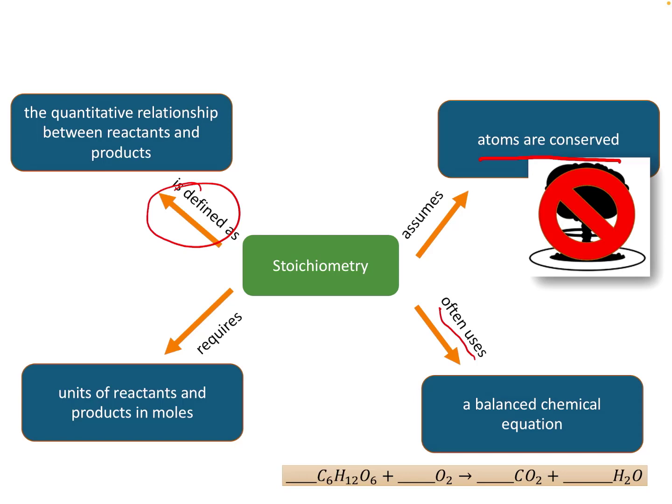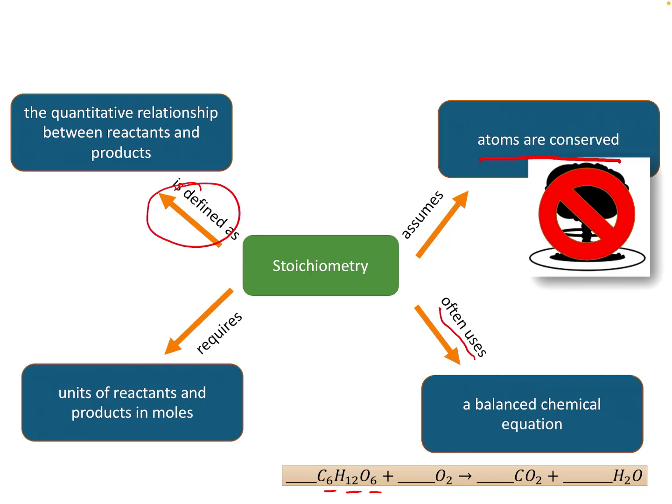Aerobic respiration involves the reaction of glucose with oxygen to form carbon dioxide and water. And you should remember from balancing chemical equations that we can't change the subscripts in the molecule, or else it changes the molecule.